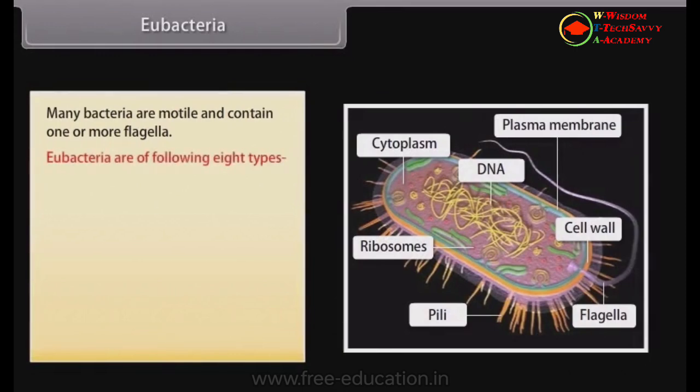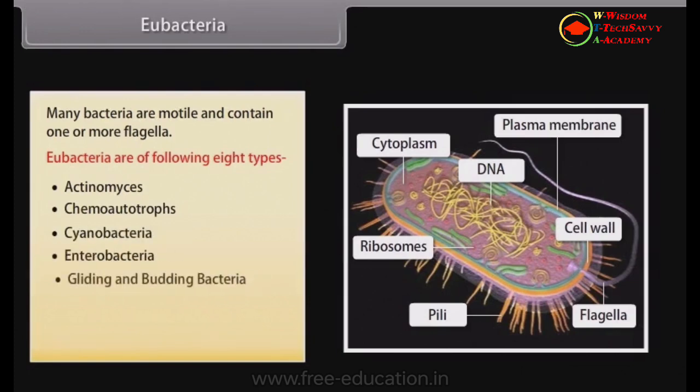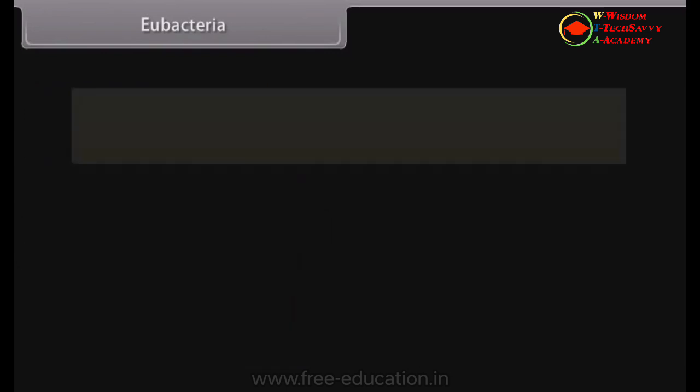Eubacteria are of the following 8 types: Actinomyces, chemoautotrophs, Cyanobacteria, Enterobacteria, gliding and budding bacteria, Pseudomonas, Rickettsias and Chlamydias, Spirochetes.